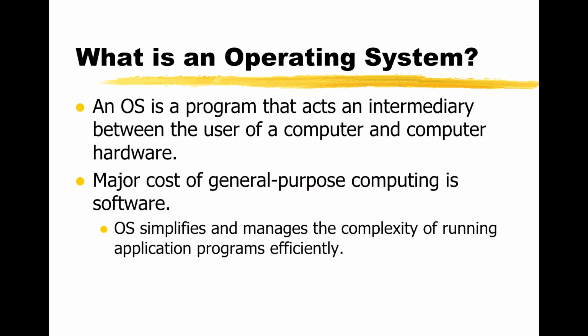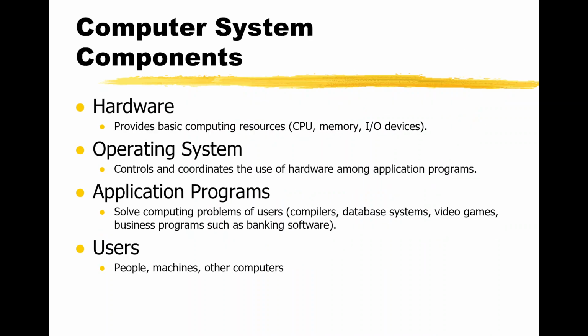Designing different application programs that will have to understand every piece of hardware they are going to be installed on would be tedious. So the operating system simplifies and manages the complexity of running application programs efficiently. You can install the application in the operating system, and then the operating system will talk to the hardware and allow you to run the application with ease.